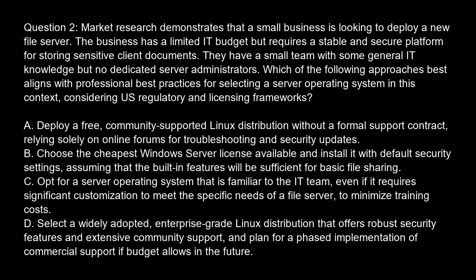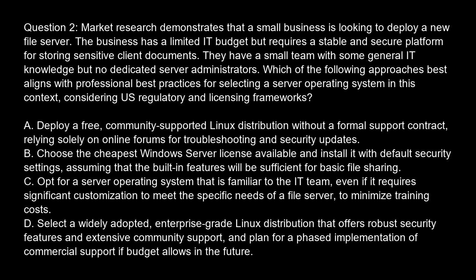Option A. Deploy a free, community-supported Linux distribution without a formal support contract, relying solely on online forums for troubleshooting and security updates. Option B. Choose the cheapest Windows Server license available and install it with default security settings, assuming that the built-in features will be sufficient for basic file sharing.